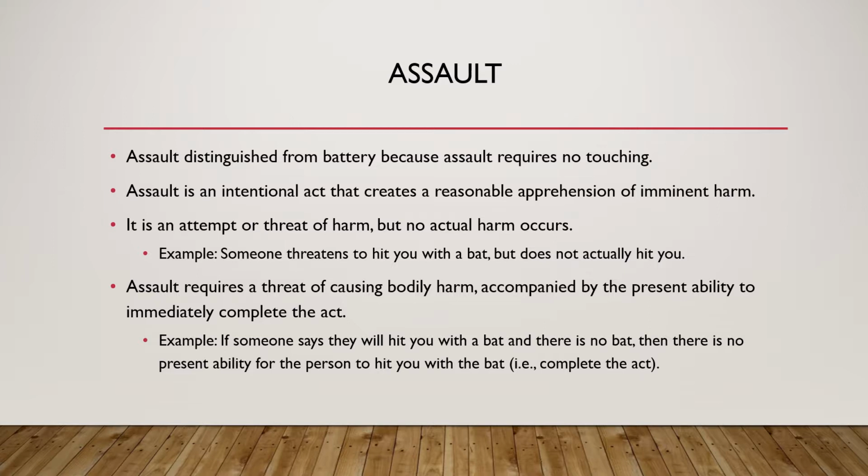If the person says, I'm going to hit you with a bat, but they don't have a bat, then there's no ability in the present, there are no facts in which the person should have a reasonable fear of imminent harm. If there's no bat, then it's not a reasonable basis to fear imminent harm.